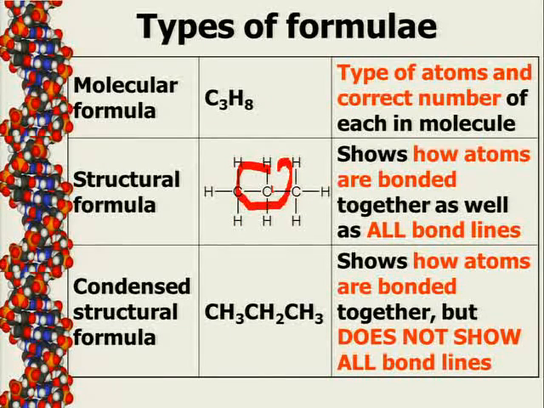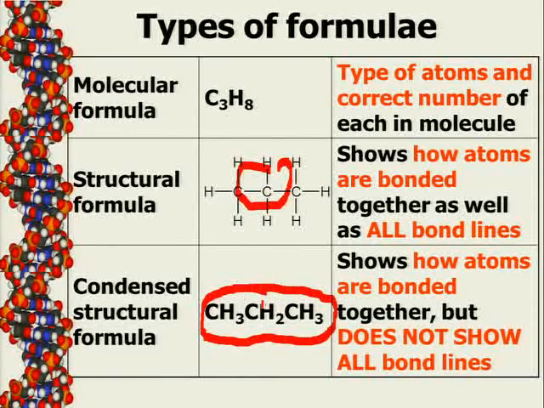It has a structure. So with the structure, we need to see those bonds, and we need to see the atom that each bond is bonded to. And then the condensed structure, this one we don't need to see any lines that represent the bonds. So if you are asked about the condensed structure, this is how you should do it.